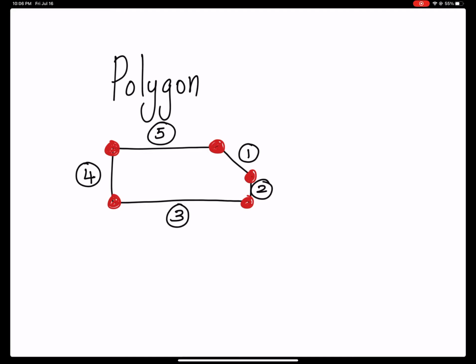That makes it a pentagon. What do we call a polygon with 5 sides and 5 angles? Yes, a polygon with 5 sides and 5 angles is a pentagon.